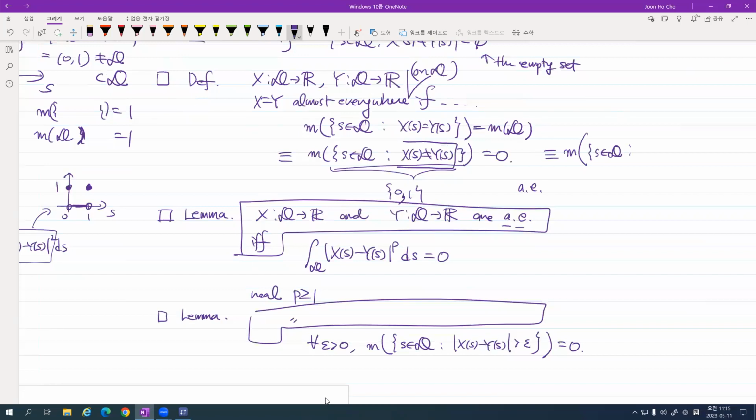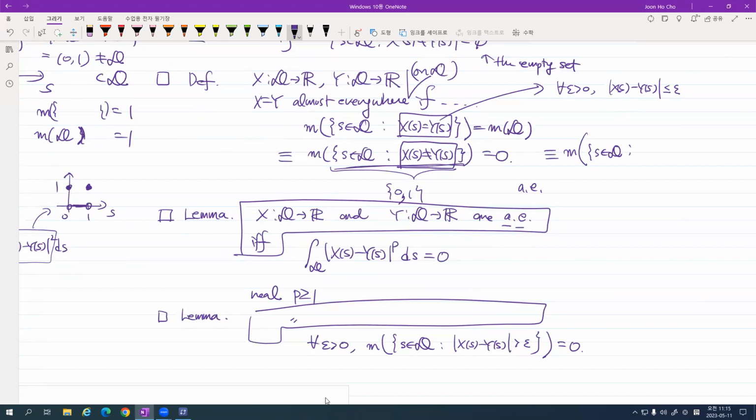And what does this mean, by the way? This means two real numbers are the same if for every epsilon positive, the absolute value of x of s minus y of s is less than or equal to epsilon, right?